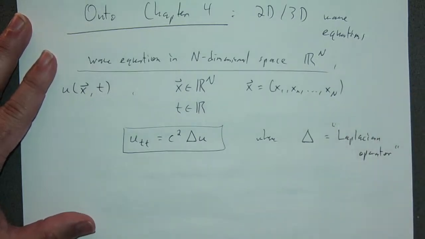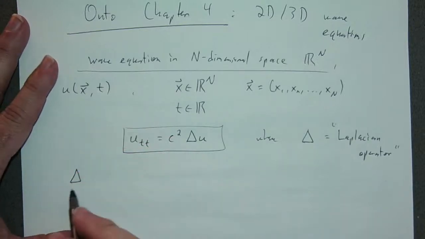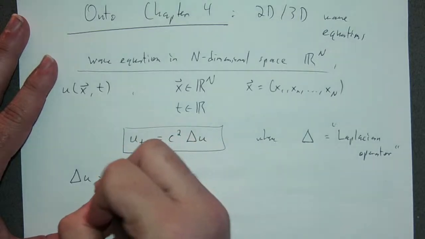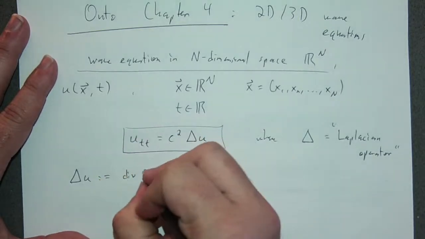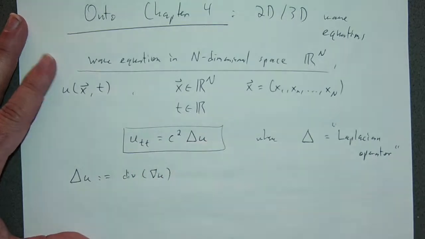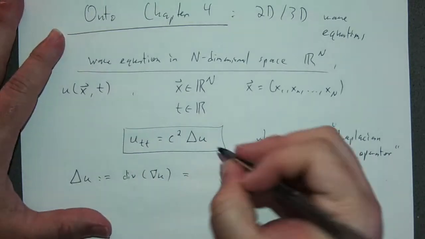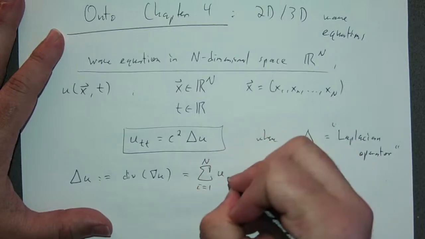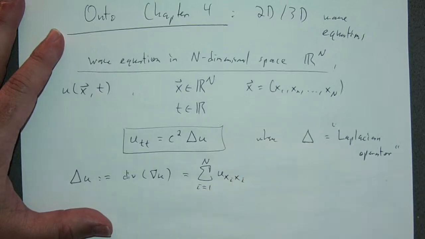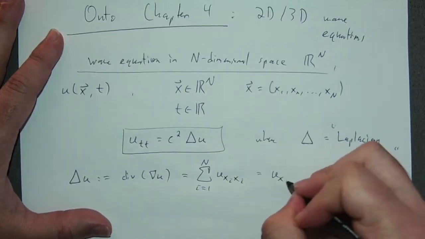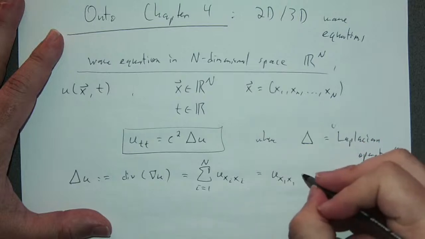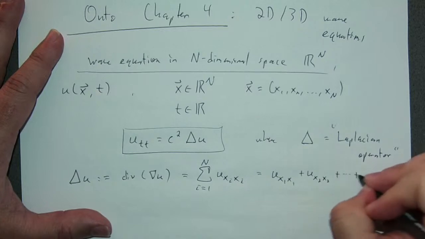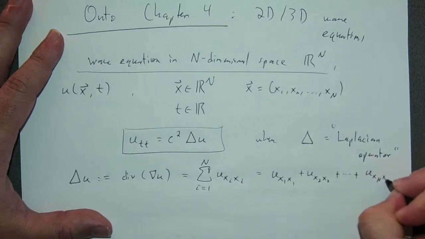So what is the Laplacian operator? The Laplacian of u is defined to be the divergence of the gradient of u. So this is the sum of the pure second order partials: u_x1x1 + u_x2x2 and so on, up to u_xnxn.